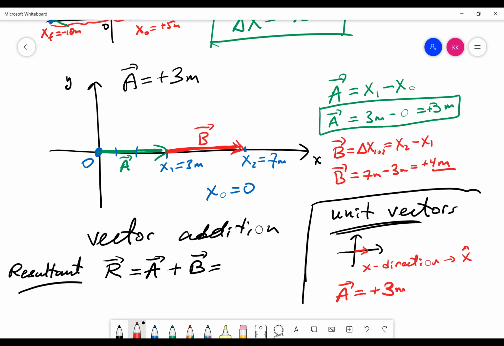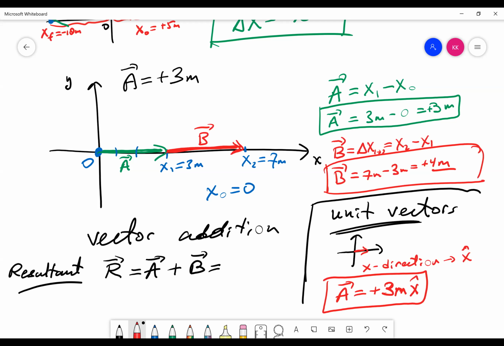But if I put, for example, x hat next to that, now I know for sure that this is a horizontal vector. Okay, so same thing for vector B. I can come back to vector B and say, all right, this is also x hat, because x hat is a positive x direction, and negative x hat then is a negative x direction. Things like that, right? Negative x hat.